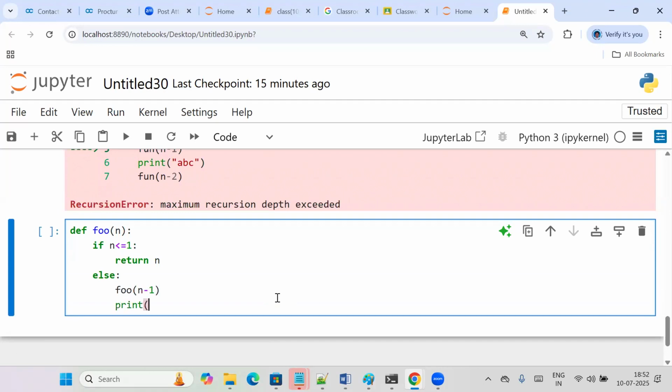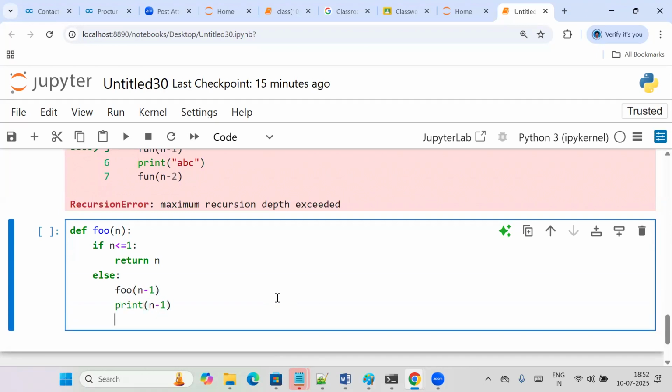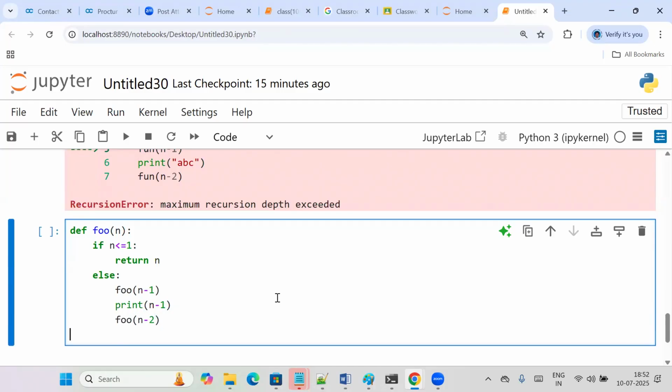Print n minus 1. Again I'm writing n minus 2 and I'm passing here.